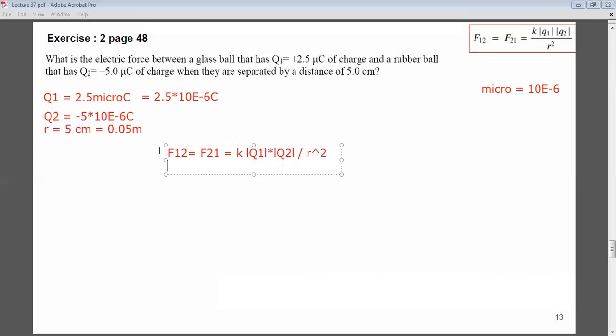So this gives me K, 9 times 10 power 9, times the absolute value of Q1, 2.5 times 10 power minus 6, times the absolute value of minus 5, meaning 5 times 10 power minus 6, divided by 0.05 squared, and the answer is 45 Newton.